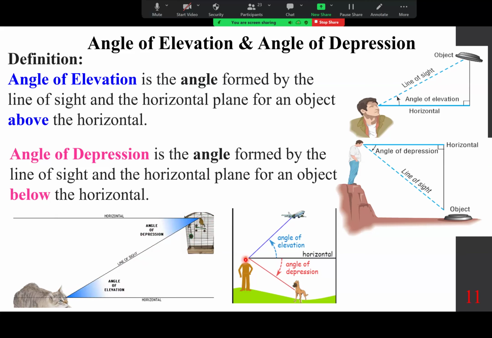Also, this is a good example. So you're standing here, you're looking at an airplane. So here's the horizontal plane. So looking up gives you angle of elevation. Here's a dog, looking down is an angle of depression. So that should be helpful to see what's going on.